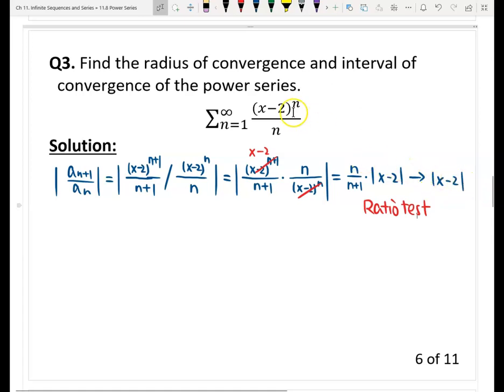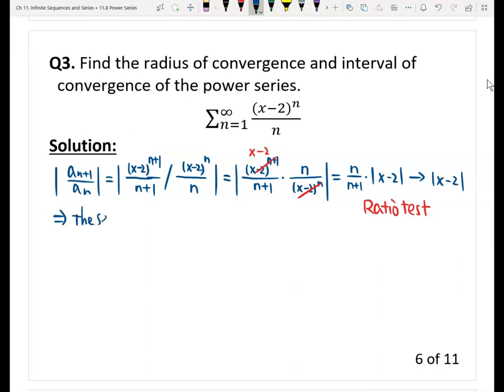Greater than 1, the series diverges, right? Let me write down.